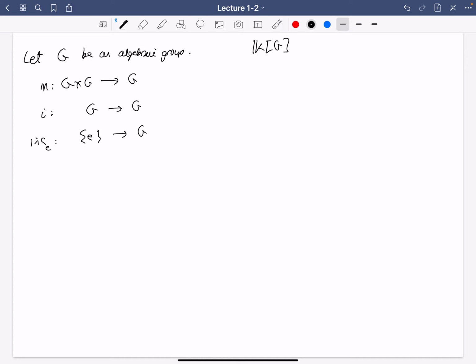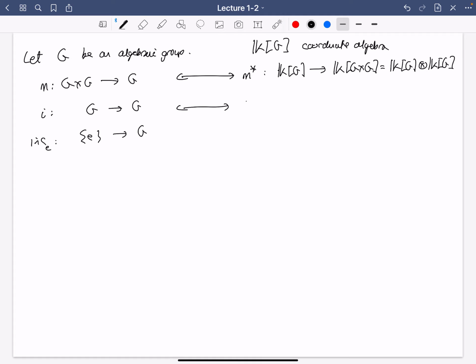So being an algebraic group, it's an affine variety, so it's got a coordinate algebra. And you can look at the comorphism of multiplication. Since that's a morphism of varieties, the comorphism will send the coordinate algebra of G into the coordinate algebra of G cross G, which is the tensor product, by definition of product of affine varieties.